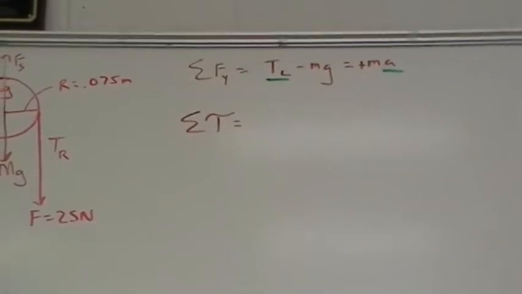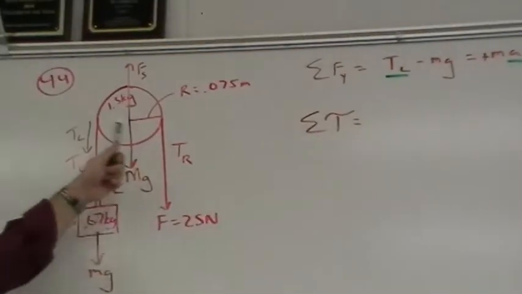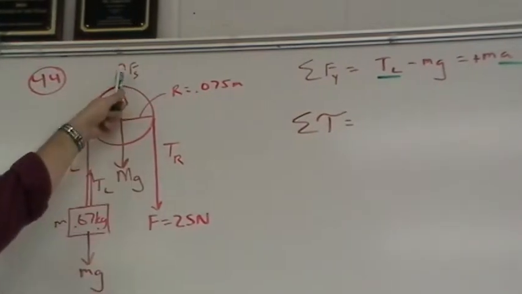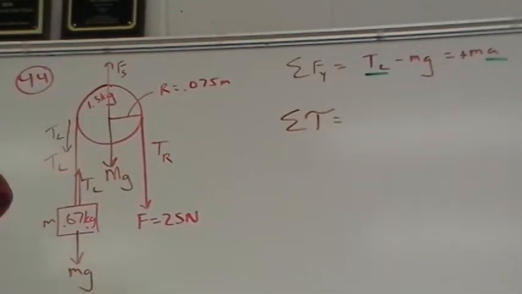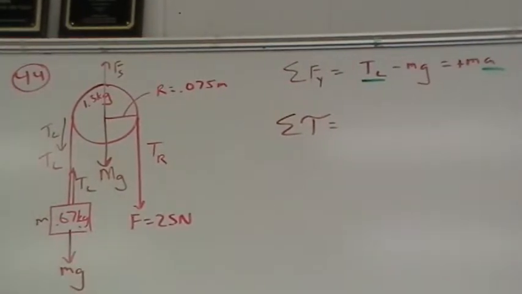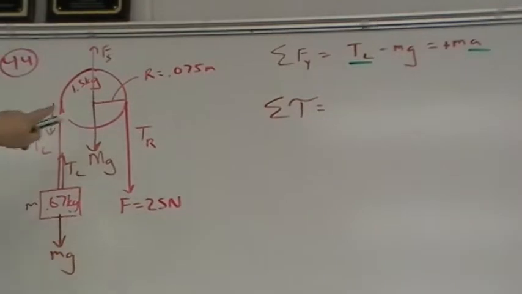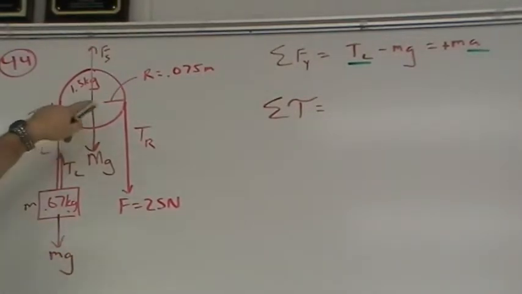There are four forces acting on the pulley: the tension on the left, the tension on the right, the force of support, and the weight of the pulley itself. Of those four forces, which produce torques? The two tensions. The other two go right through the axis of rotation. Which tension produces the dominant torque? The one on the right.